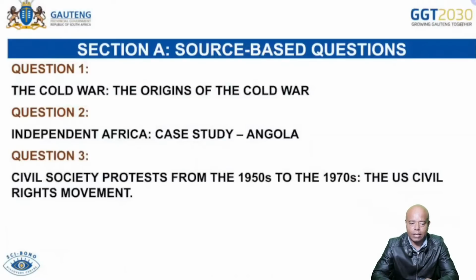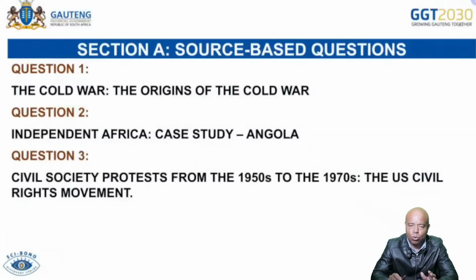So the first instruction is that it will give you section A and section B. Section A consists of the source-based questions. Question one, as you can see on the screen, is the Cold War, the origin of the Cold War. So the focus for tomorrow is the origin of the Cold War. But remember, the origin of the Cold War is a bit vast.